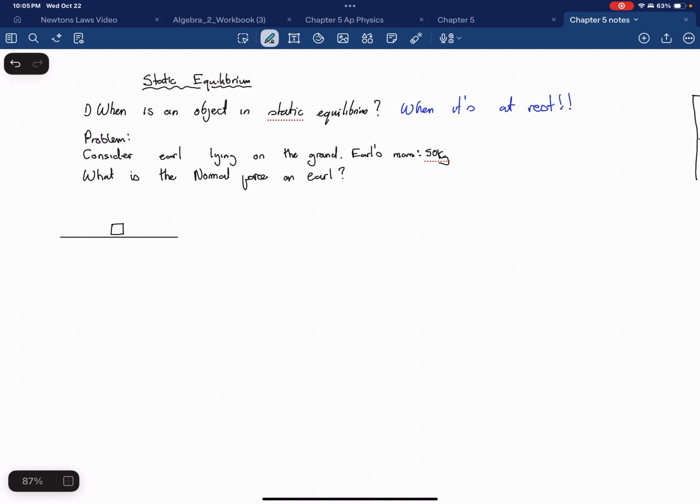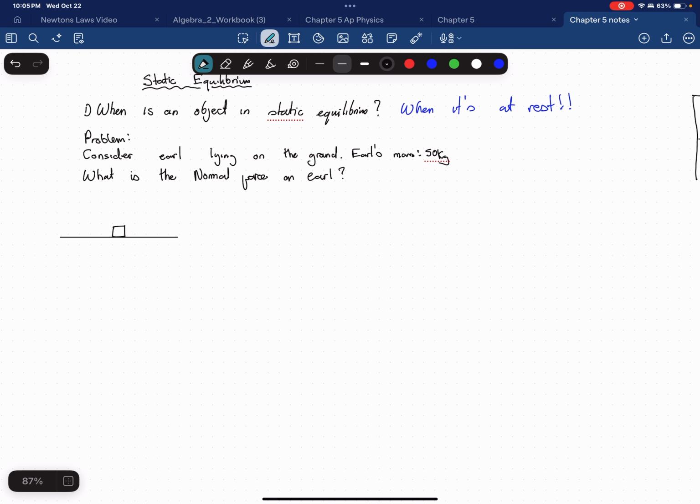I don't like that he's floating right now, but let's see if I can move him a little bit. Okay, so this is my situation. Earl's on the surface.